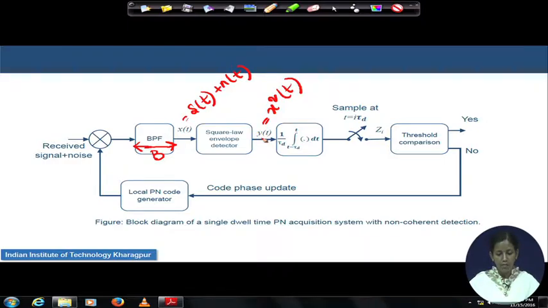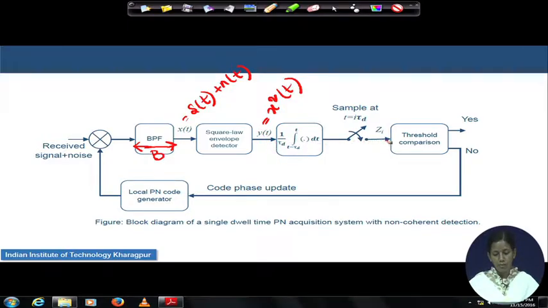If only noise is there, that means the signal is absent, then this distribution looks like a central chi-square distribution, substituting the signal value equal to 0, that means the SNR will be down to 0. Substituting that, we got both distributions here.